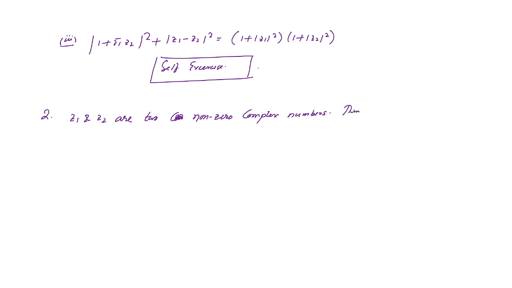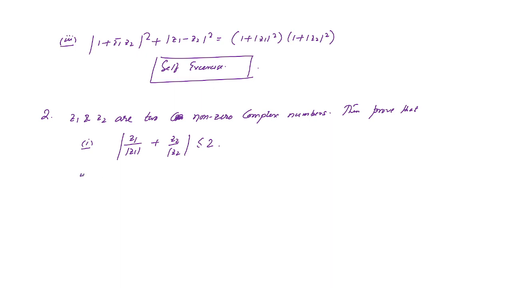Then prove that first, |z1/|z1| + z2/|z2|| is less than or equal to 2.